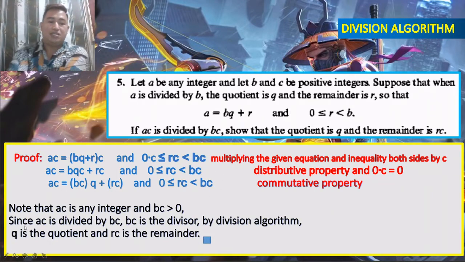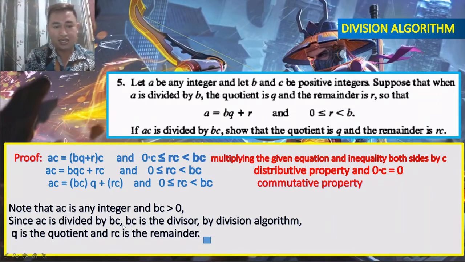Since AC is divided by BC, BC is now our divisor, and we use the division algorithm.